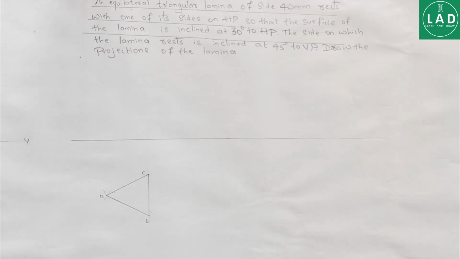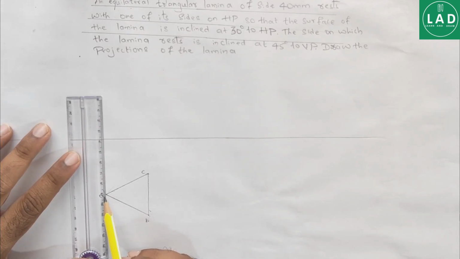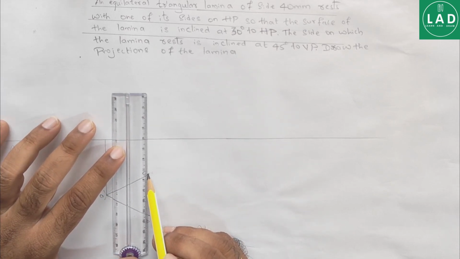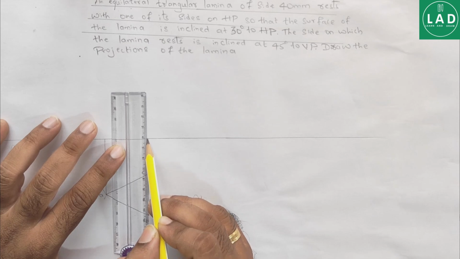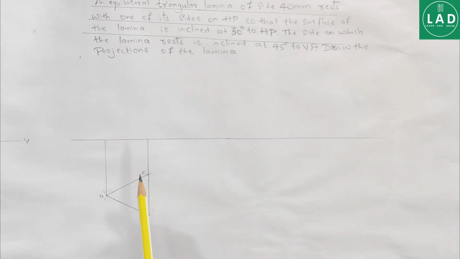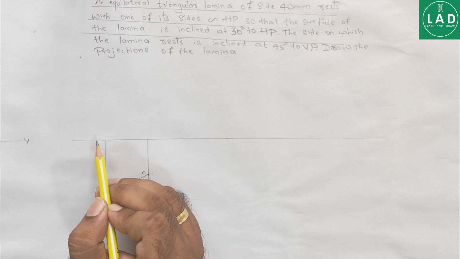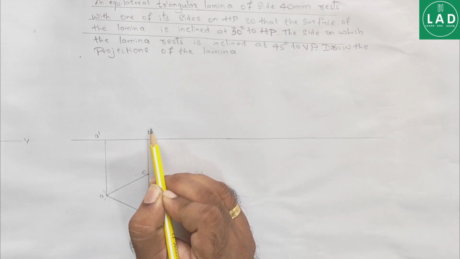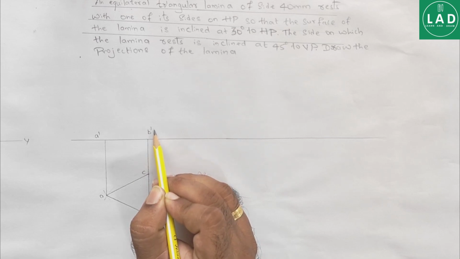To draw the front view, we have to draw the projection lines from the top view. So let's draw the projection lines from A and BC. So we have, let's mark this as A dash and B dash bracket C dash.